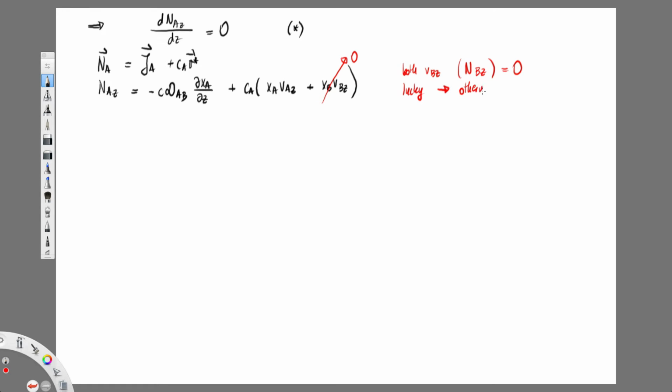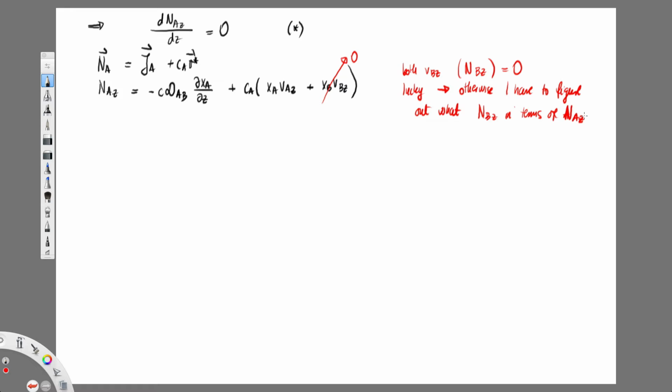Otherwise, I have to figure out what NBZ is in terms of NAZ. Otherwise, I don't have things expressed only in terms of XA that I'm solving for, right? So that's what's going to throw in variations to these problems. There will be various reactions and so forth.